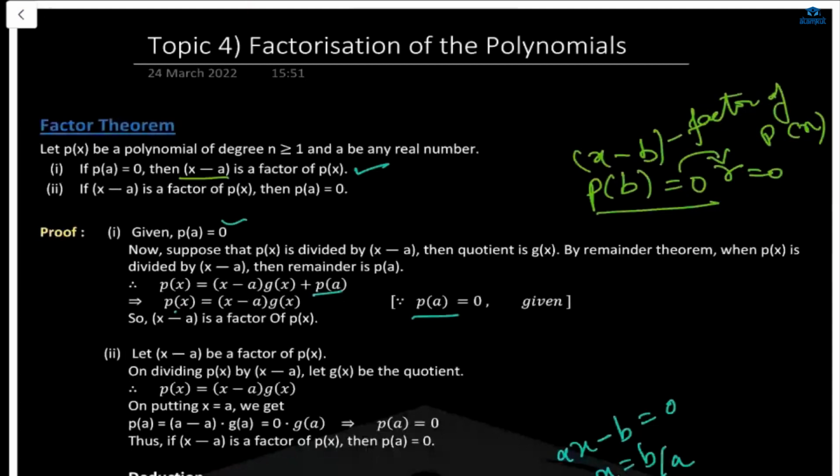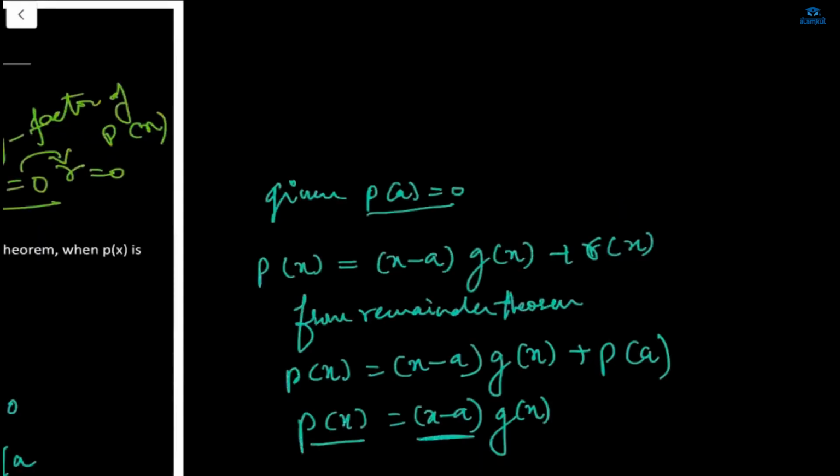Okay, then if we are going to place a instead of x in the polynomial, and the whole value of the polynomial becomes 0, that means what? That x minus a is a factor of p(x). Okay, x minus a is a factor of p(x). See, having a polynomial, like for example f(x), and instead of this x, we are replacing x with a, and what is this a?